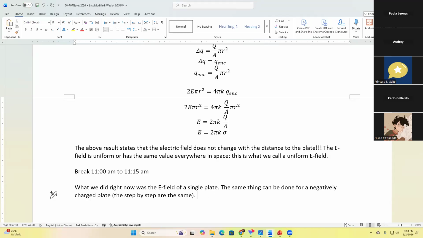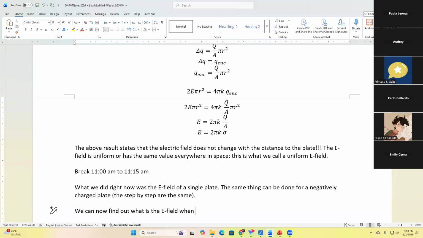We can now find out what the E field is when we add a second plate next to the other with an opposite sign.